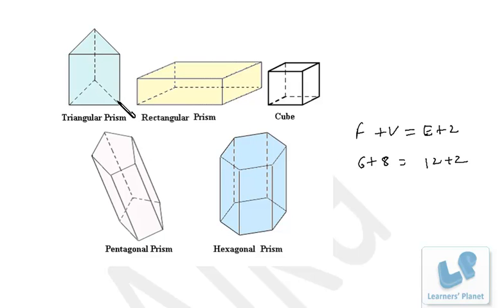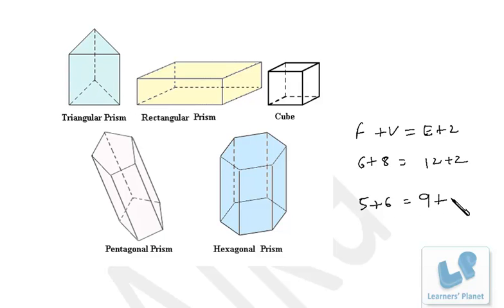Suppose we have this triangular prism. Here faces will be 1, 2, 3, 4 and bottom, that is 5. Vertices will be 1, 2, 3, 4, 5, 6. Edges will be 1, 2, 3, 4, 3 this side, 3 that side, 6, then 7, 8 and 9.